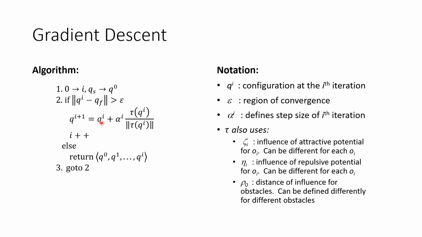That would be the meaning of this expression: it uses the current configuration and then forces the robot to move in that direction based upon the experienced joint torques. Then obviously you have to increment the iteration count, and if it is accomplished, you are going to return all the configurations as a result of that.